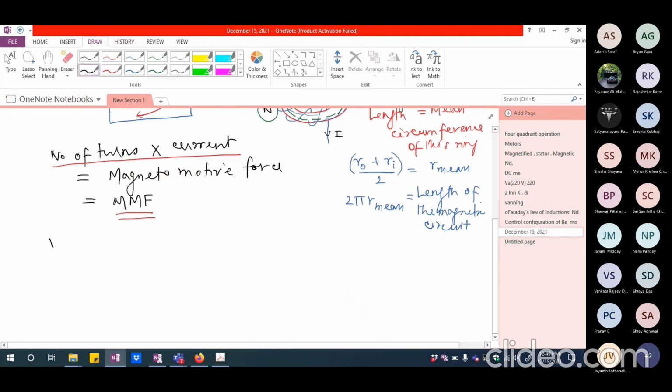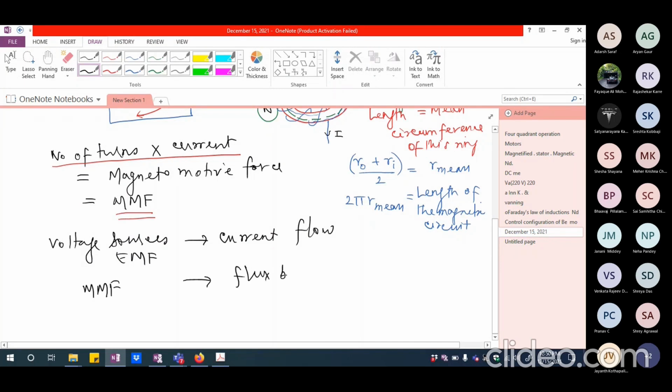Just like a voltage source causes current flow, and the voltage source is sometimes indicated as EMF, in the same way, in a magnetic circuit, MMF causes flux to be established, or the flow of magnetic field lines, the establishment of magnetic field lines.